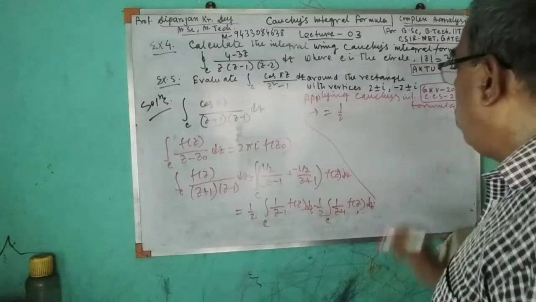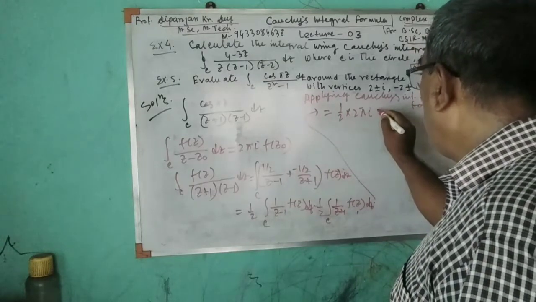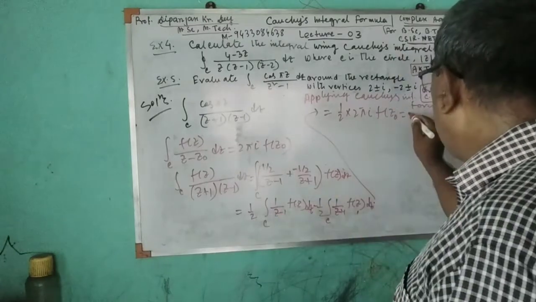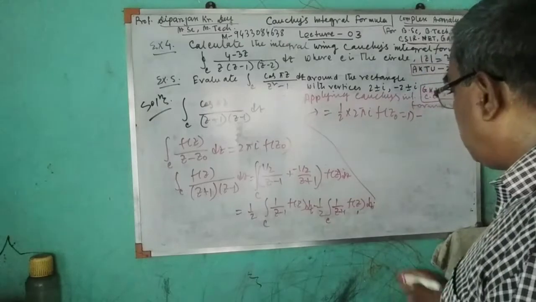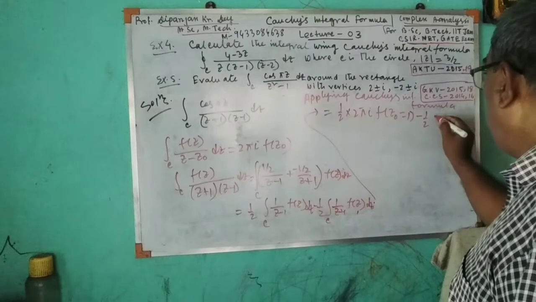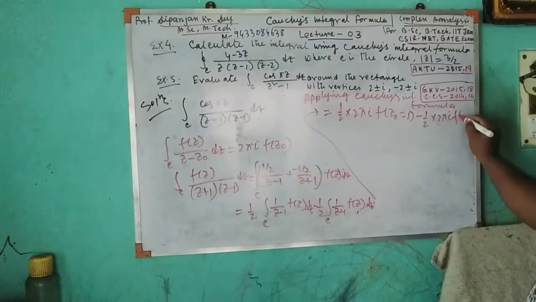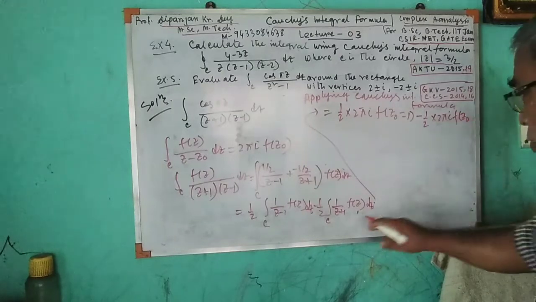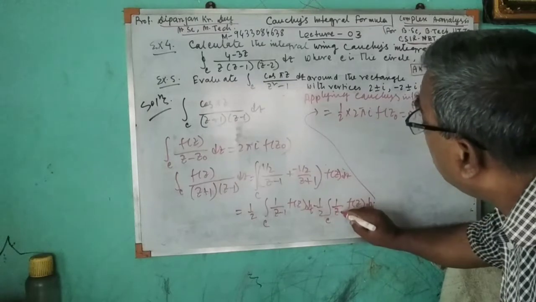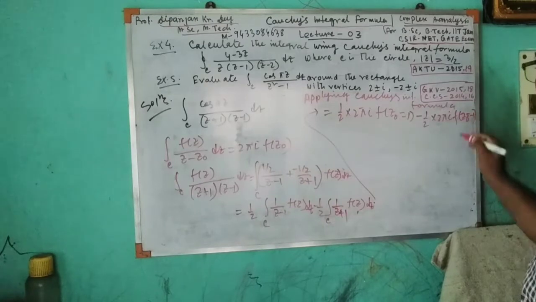So this will be 2 pi i into f(z0), where for z minus 1, z0 equals 1, minus half into 2 pi i into f(z0), where this is actually z plus 1, so z0 equals minus 1.